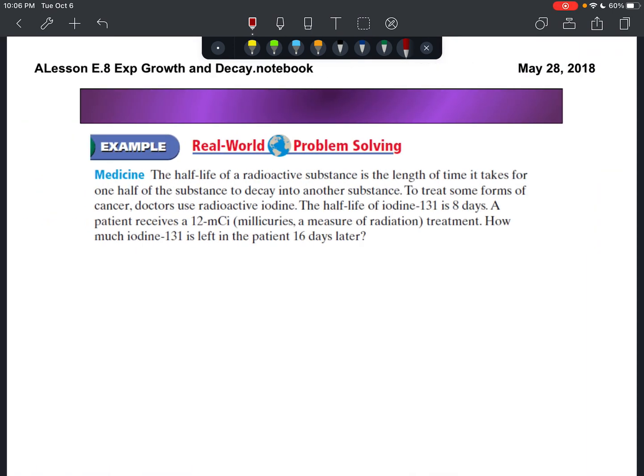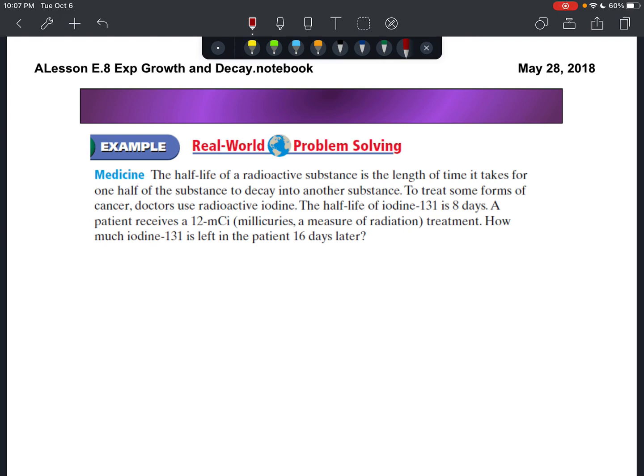Okay, so let's go back here. Half-life of a radioactive substance is the length of time it takes for 1/2 of the substance to decay into another substance. So to treat some forms of cancer, doctors will use radioactive iodine. The half-life of that iodine is 8 days. So that means it goes into the patient, and 8 days later, half of it is gone.